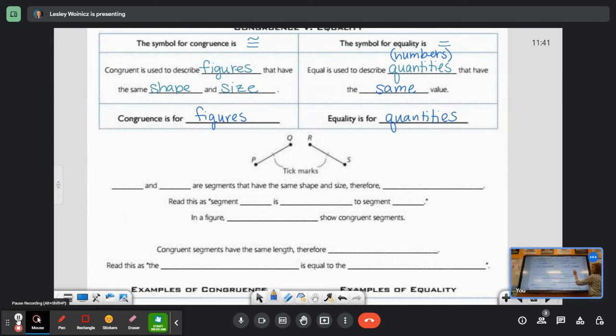So PQ, with the segment bar over it because we're talking about the figure, and RS, these are figures, segments that have the same shape and size. Therefore, we say that segment PQ is congruent to segment RS.